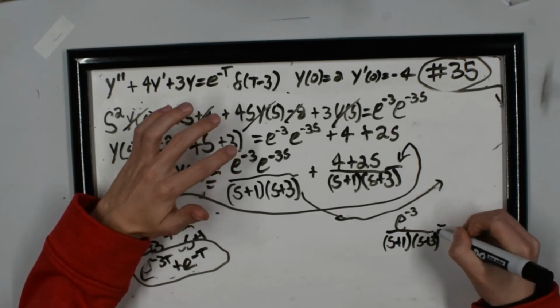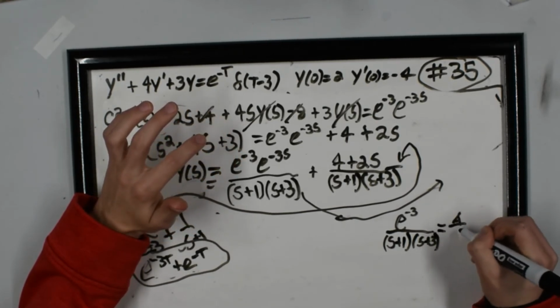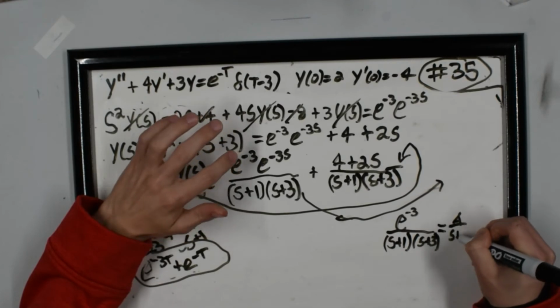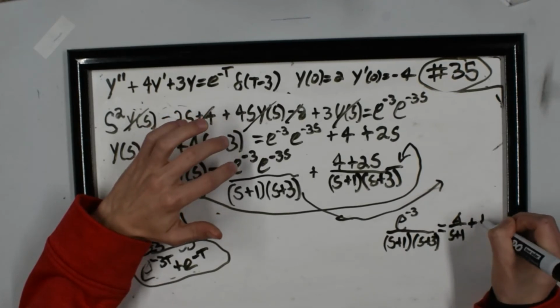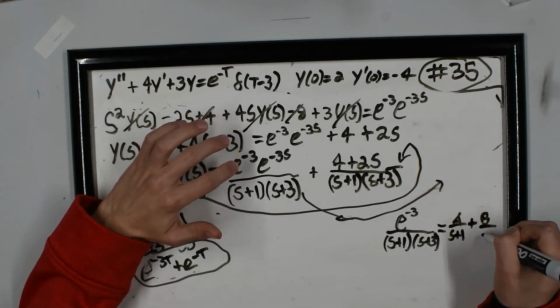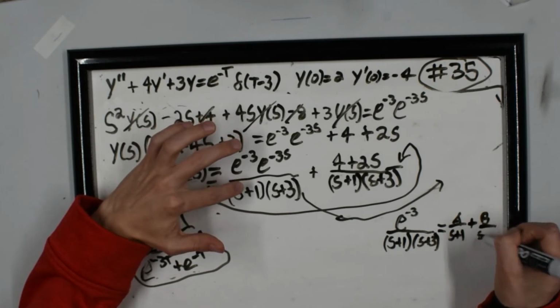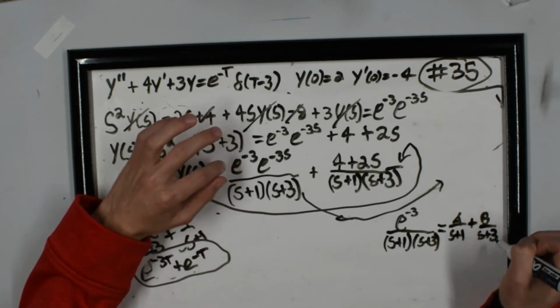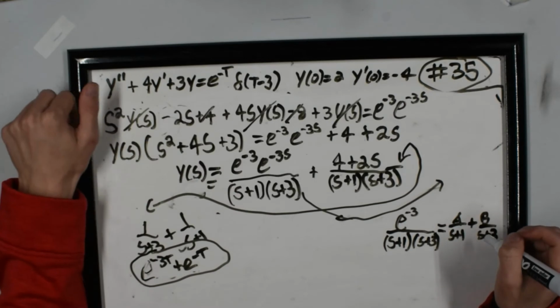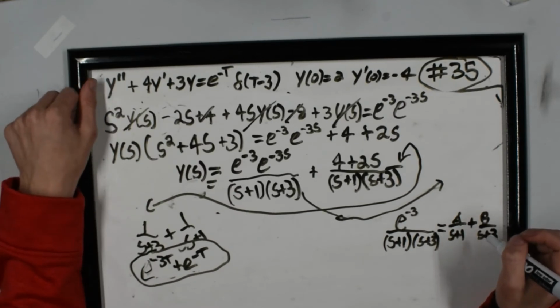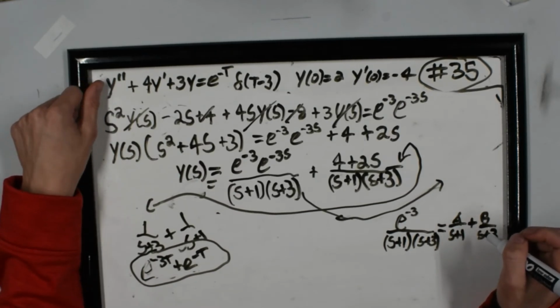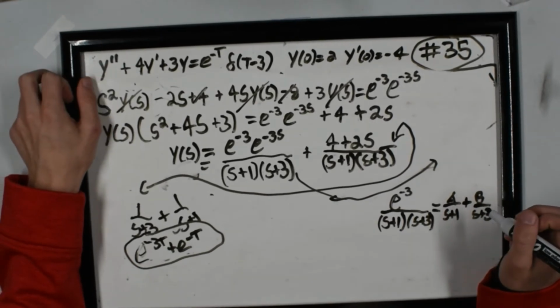Because what we're realizing is the e to the negative 3s means it's a delay. And if there's a delay, we need to do the Laplace transform a little bit differently. If you're struggling with this, you should look at the other video where I do the inverse Laplace transforms of step functions.